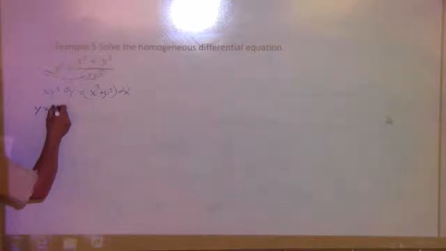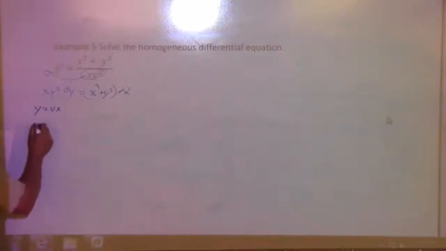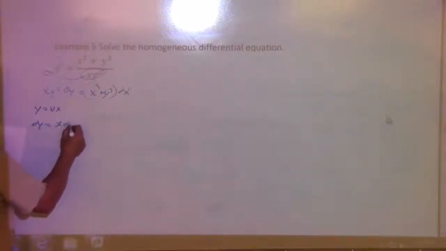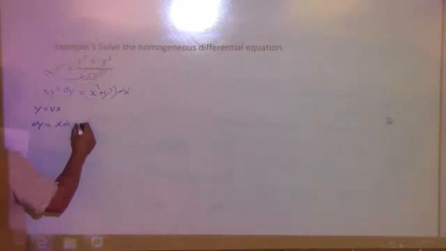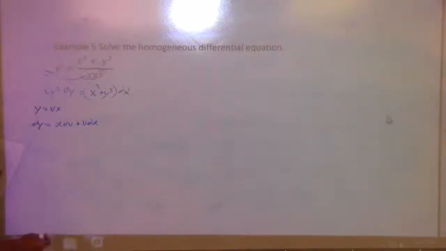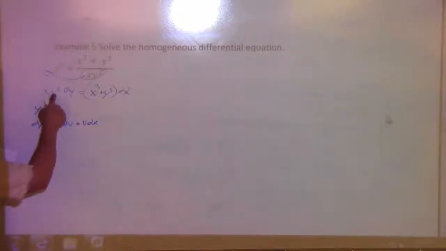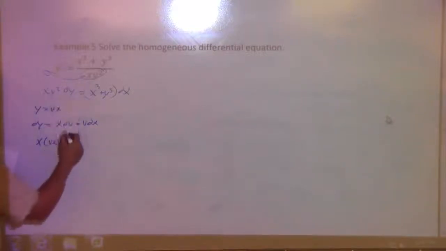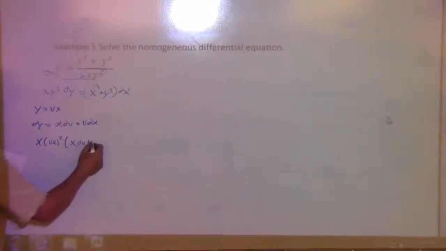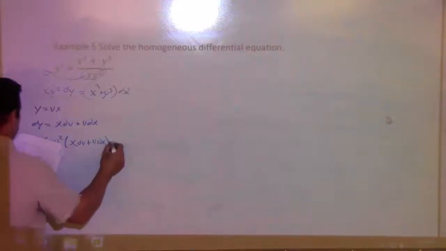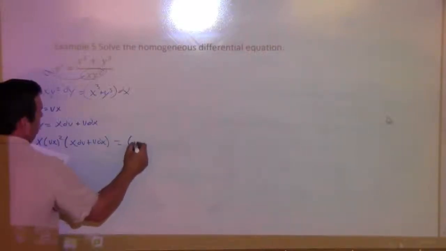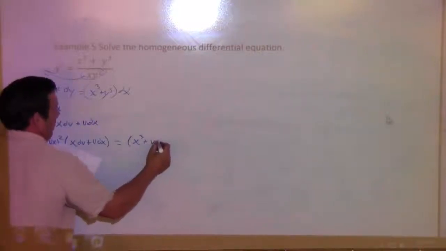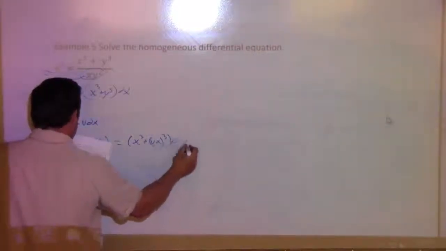If we say y equals vx, our dy would become x dv plus v times 1, so v dx. So xy squared is x times vx squared, dy is x dv plus v dx, equals, over here, x cubed plus vx cubed dx.